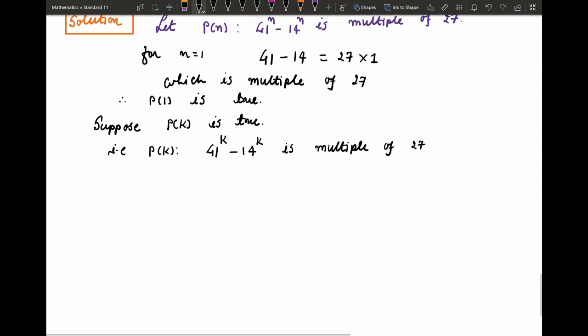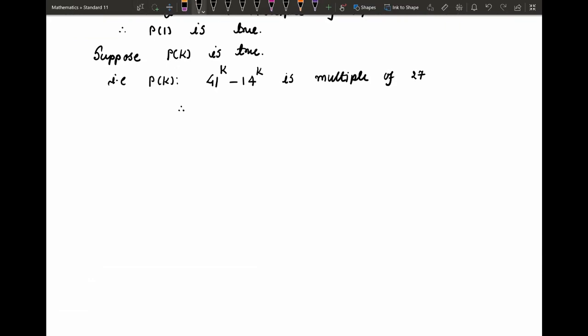Since this number is a multiple of 27, 41 raised to k minus 14 raised to k can be written as 27 into m for some m belongs to N. From this, transferring the term to the right hand side, 41 raised to k can be written as 27m plus 14 raised to k. We denote this result by equation 1, because it will be useful to prove the result for n equal to k plus 1.